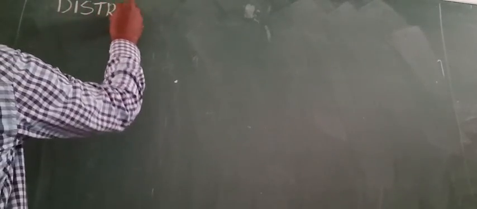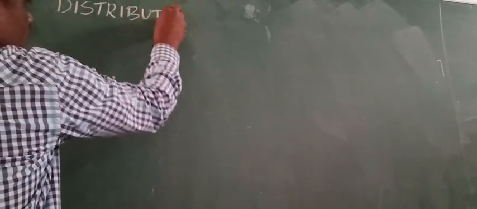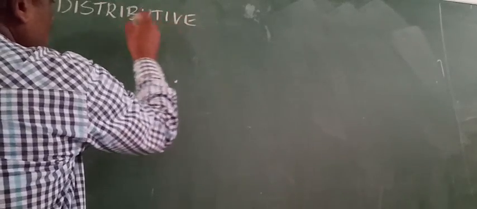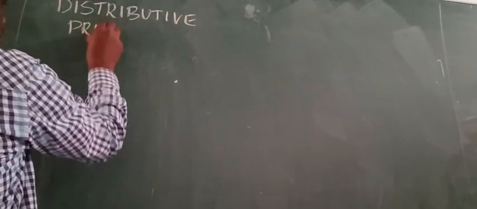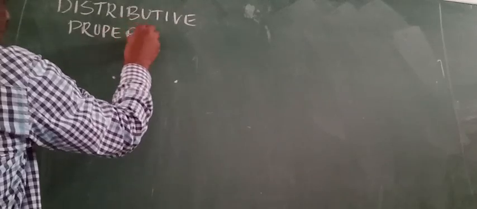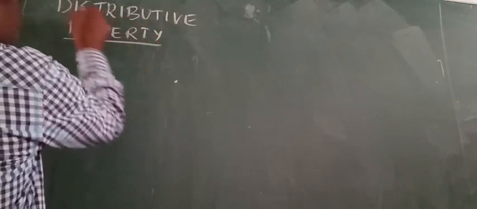Now let us see the distributivity, the distributive property of rational numbers. So let us take this distributive property of the rational numbers.